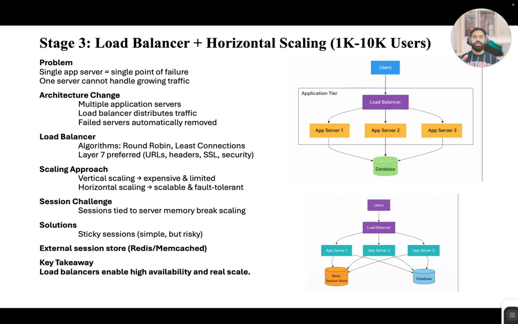Most web applications prefer layer 7 because it allows routing for the API and static files differently. Also, SSL termination, security checks, and header-based routing are available. So this is how the load balancer works internally, with the algorithms and the different layers.